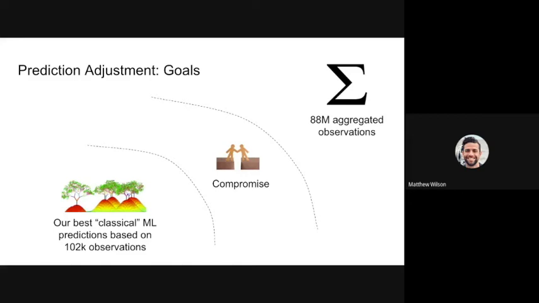So we wanted to get the best of both worlds and better leverage the aggregate data. That's where these two guys shaking hands in the middle are compromising. We wanted to find some kind of middle ground between our best predictions that were based on the small number of granular observations and better estimates of CTR coming from the aggregated observations.